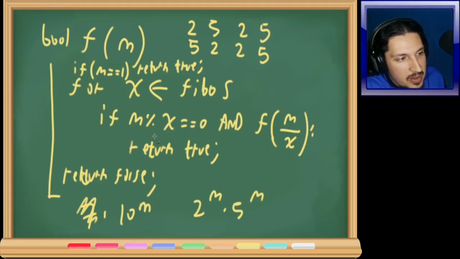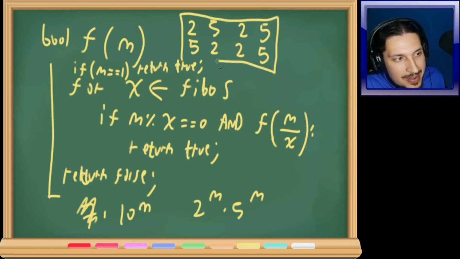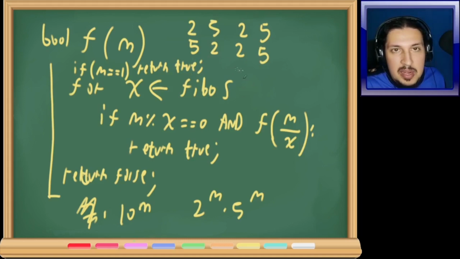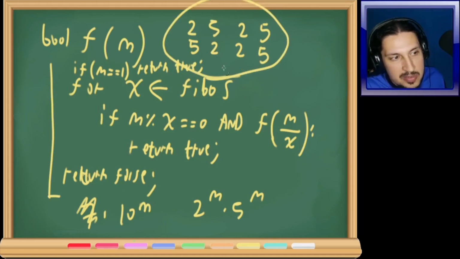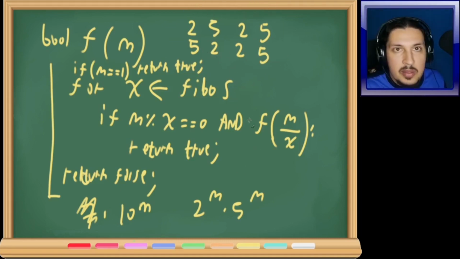But that generates the same list of factors in different orders many times, and this is exponential in the number of factors, and so this will be too slow.